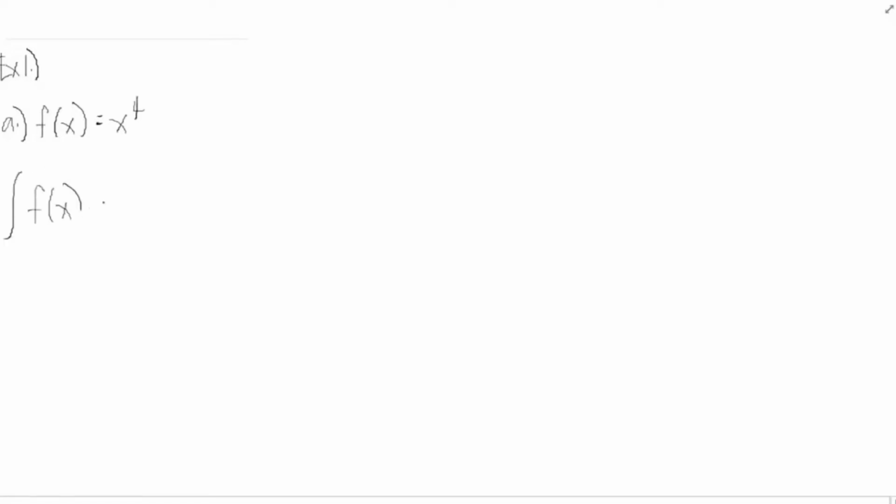Okay, so let's start with example number 1, letter A, we have the function f of x is equal to x raised to 4. So, gamitin natin yung general formula na integral of f of x dx.